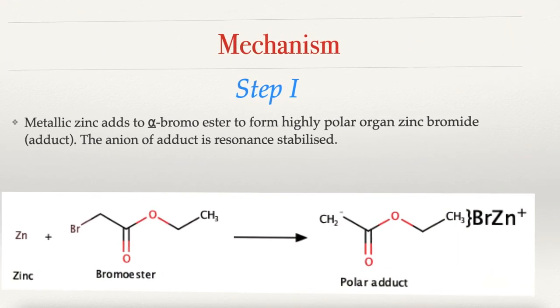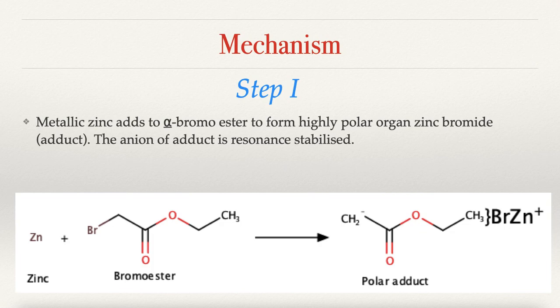Let us see the mechanism. The Reformatsky reaction is completed in two steps. In step 1, metallic zinc adds to the alpha bromoester to form highly polar organozinc bromide. It is the adduct. The carbanion of the adduct is stabilized by resonance.